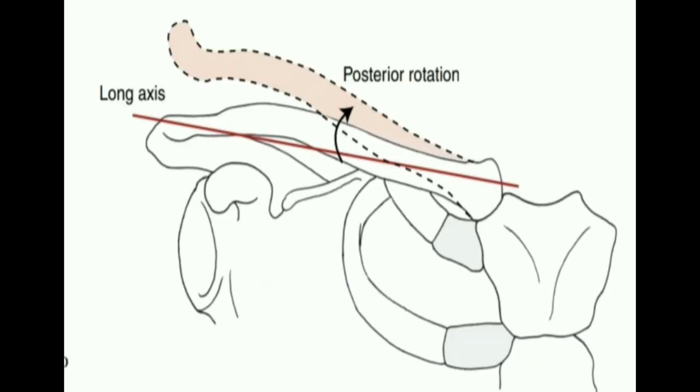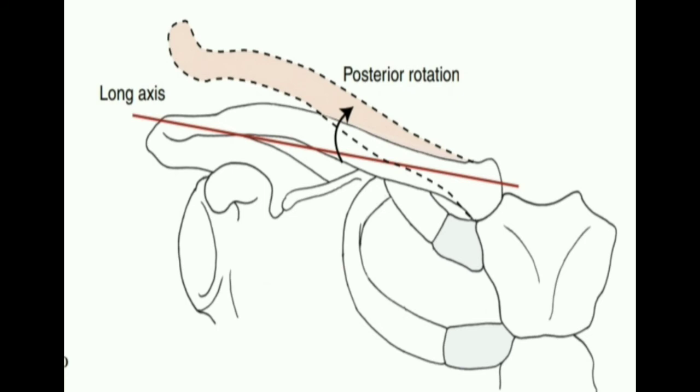So now let's move on to the last movement in the sternoclavicular joint, that is the anterior and posterior rotation. This rotation is a bit confusing, but I will try my level best to make it easy for you all. Here the only difference is that humerus rotation is around the longitudinal axis, right?